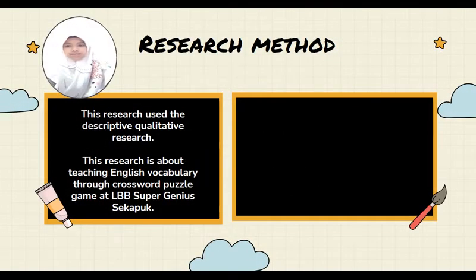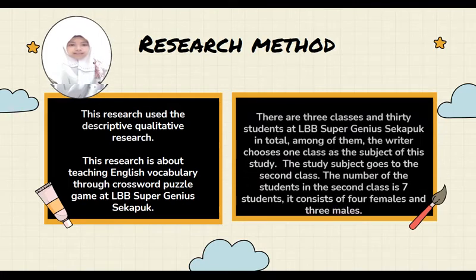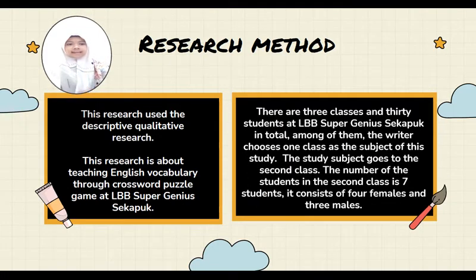Research method. This research used descriptive qualitative research. This research is about teaching English vocabulary through crossword puzzle game at LBB Super Genius Sekapuk. There are 3 classes with 30 students at LBB Super Genius Sekapuk in total. Among them, the writer chose one class as the subject of this study.